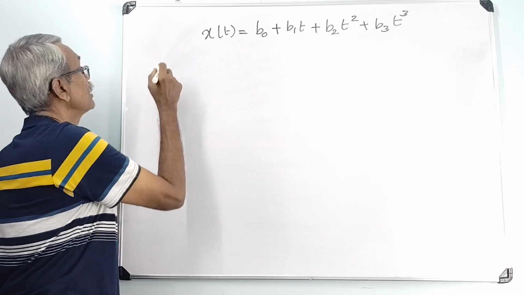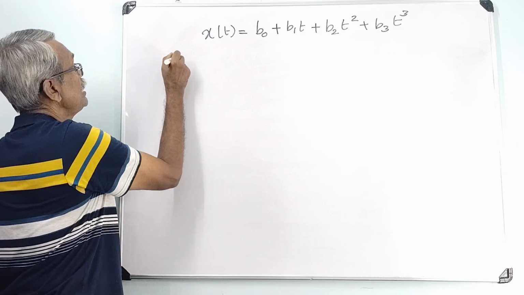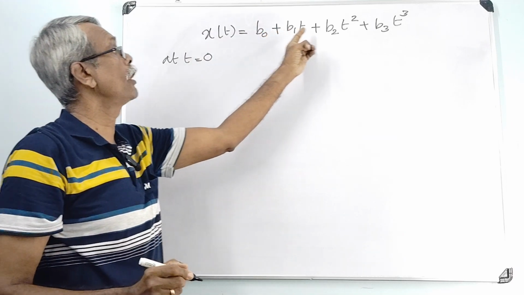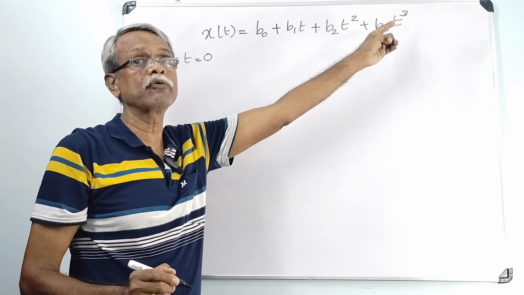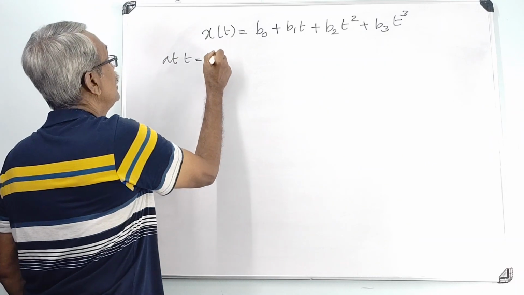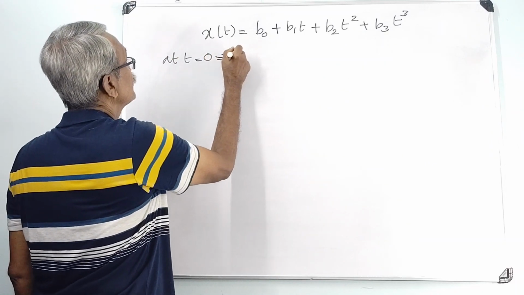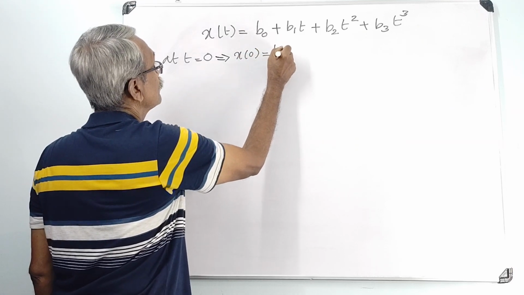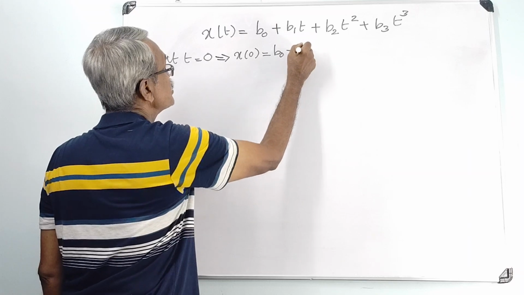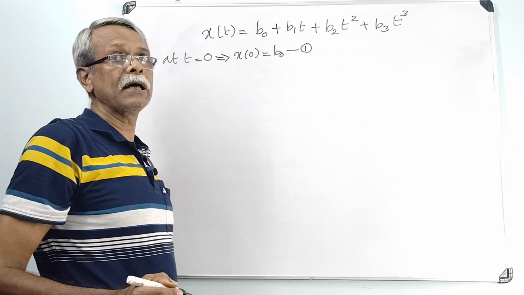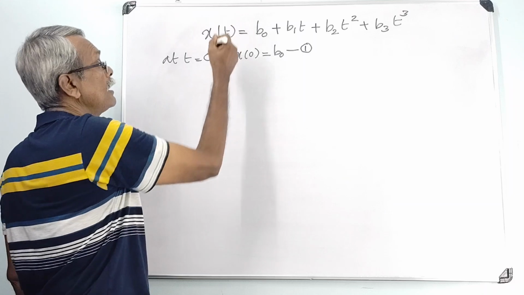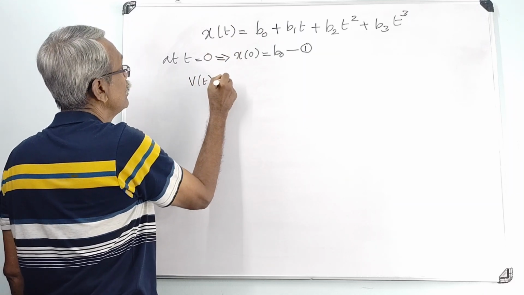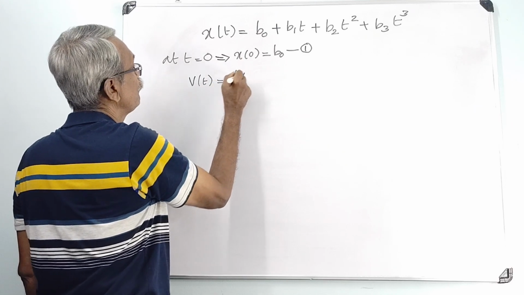First of all, we notice that at t is equal to 0, all these coefficient terms b1, b2, b3 will cancel, and we will see that x0 is equal to b0. Therefore, this gives the first coefficient. To obtain the second coefficient, we take the derivative of this and express v as a function of time, which is dx by dt.